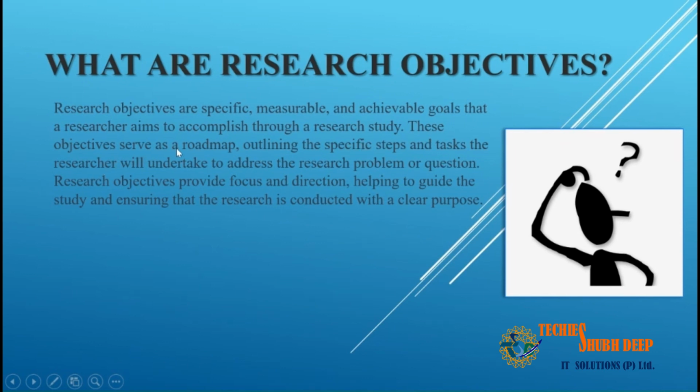These objectives serve as a roadmap outlining the specific steps and tasks that the researcher will take to address the research problem or question. Research objectives provide focus and direction, helping to guide the study and ensuring that the research is conducted with a clear purpose.